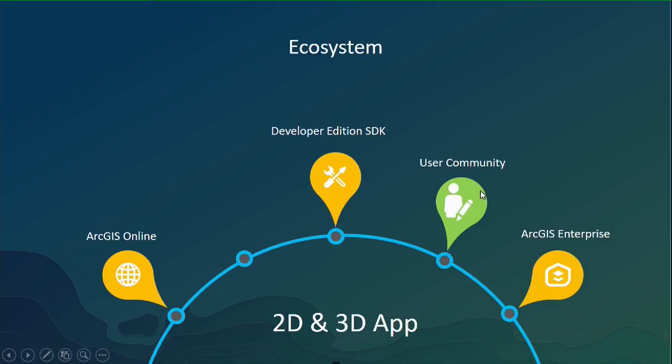Meanwhile, the user community has more than 30, probably 40, custom widgets on GeoNet that you can download to further your workflow with Developer Edition or Enterprise. This year, we allow business partners to sell their custom widgets in the marketplace. It's not for individual developers. It has to be business partners because of security reasons. So this is the diagram for Web AppBuilder.